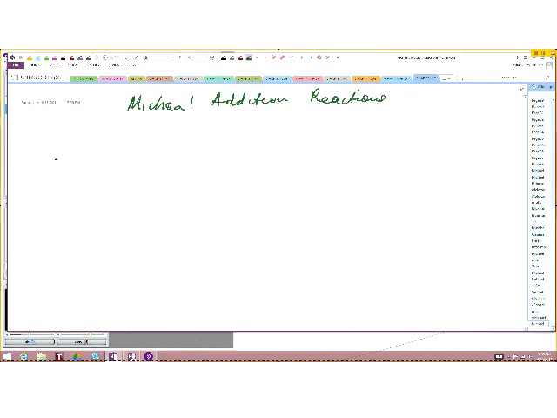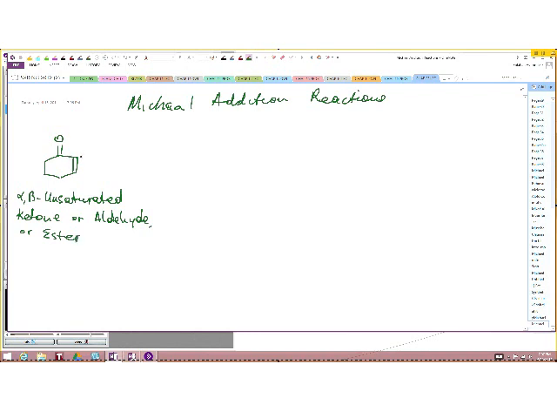So if you started with this, for Michael addition reaction, you need an alpha beta unsaturated ketone or aldehyde, or sometimes you might even use an ester.